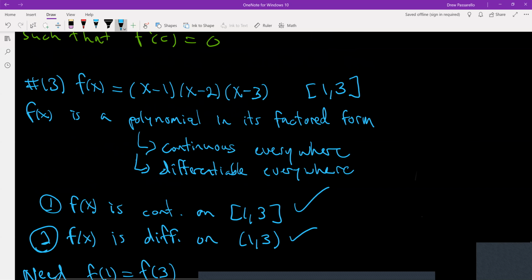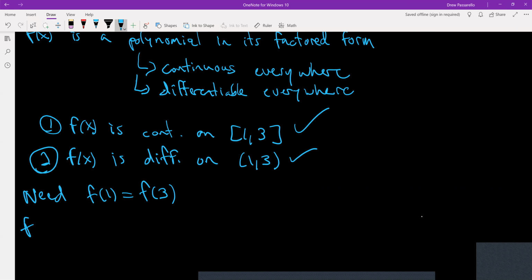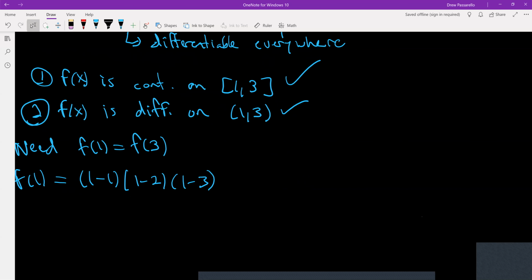And it does, because if you plug in 1, where it has x minus 1, it becomes 1 minus 1, and then 1 minus 2, then 1 minus 3. The thing is 1 minus 1 is 0, so this whole thing is going to equal 0.